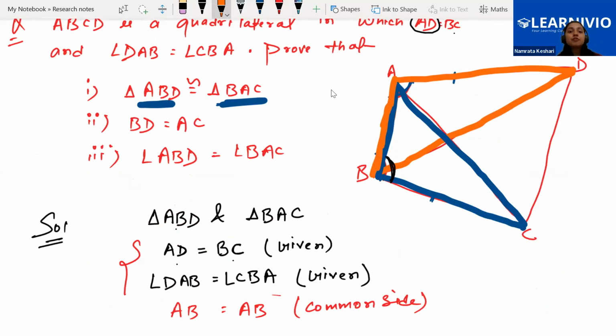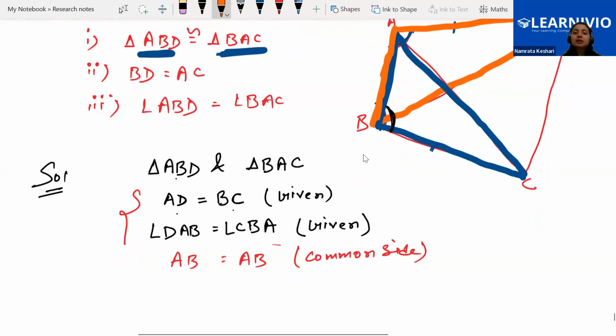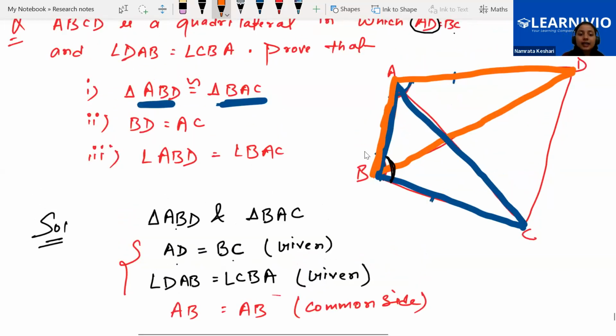If we focus on ABD, then here we can mark that AD side we have already written and used while making the list of same things, angle same, side same. Whatever we used from the orange triangle, I'm going to point it out in that triangle.